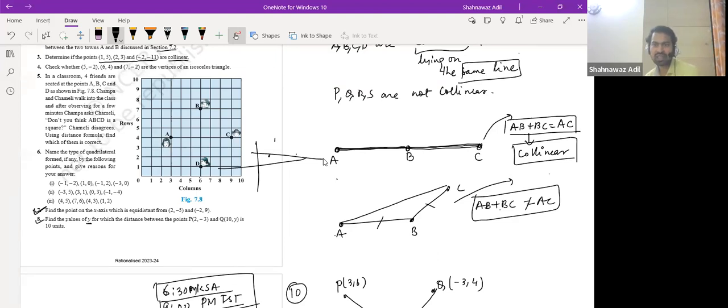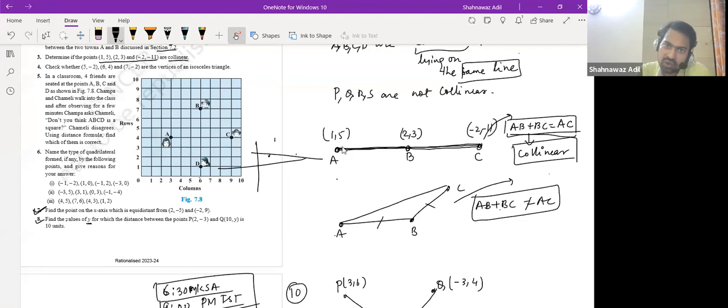So using the distance formula, we'll have to check the collinearity. For that case, we'll have to use this one. Understood? Yes, in this case we have to do it this way, using the distance formula. We have A (1, 5), B (2, 3), and C (-2, -11).